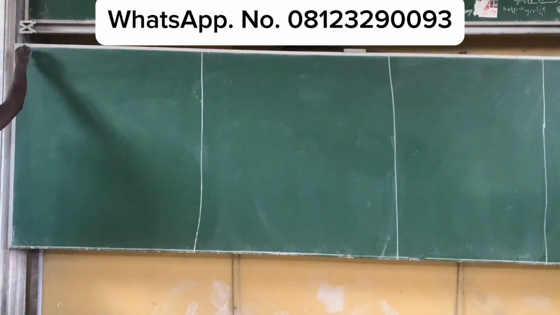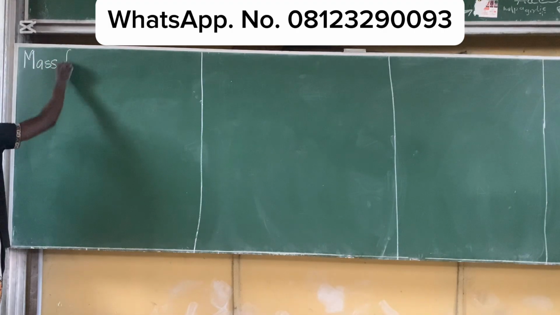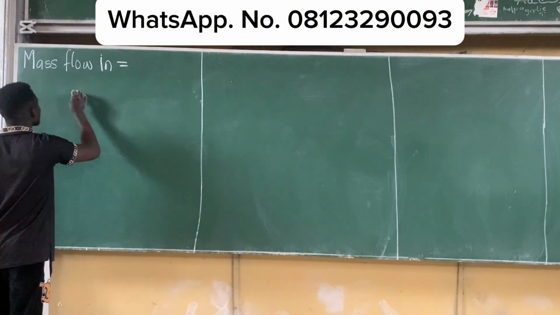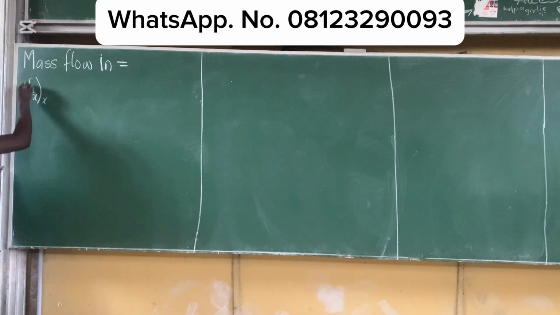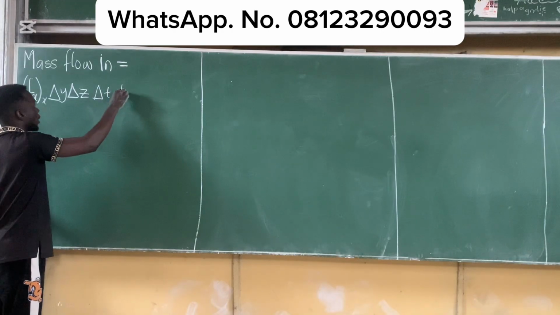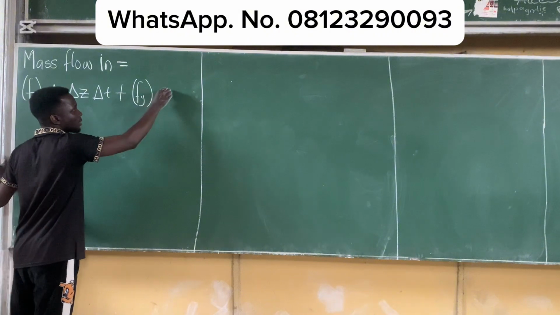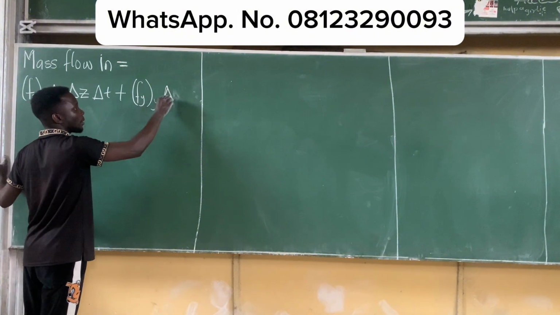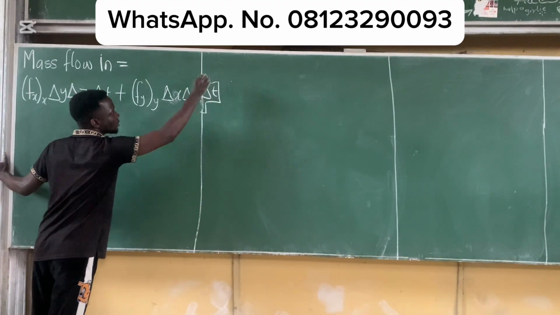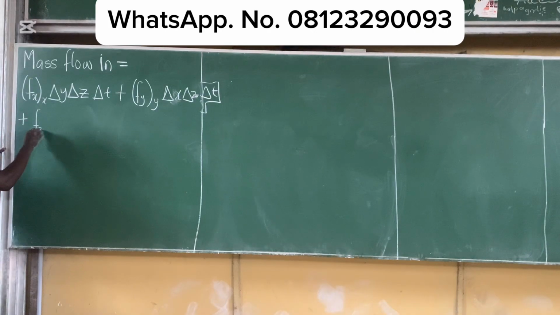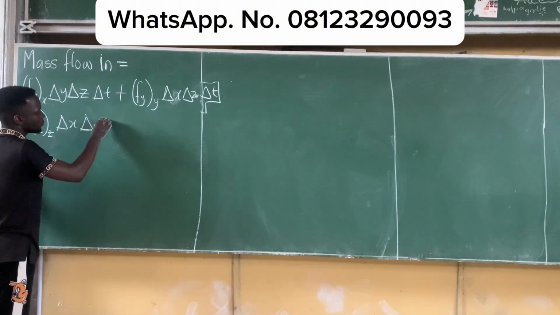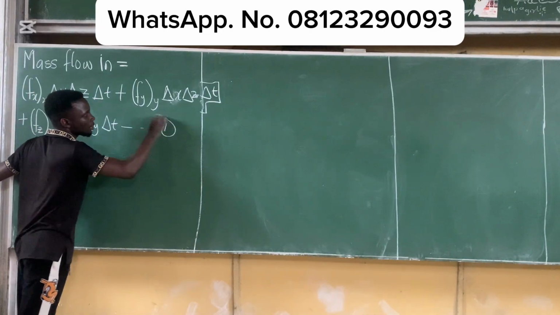We said that equation 1, which is mass flow in, is equal to f of x at x, delta y, delta z, delta t, plus f of y, delta x, delta z, and delta t, plus f of z, delta x, delta y, and delta what? t. Remember, we said that this is our equation 1.